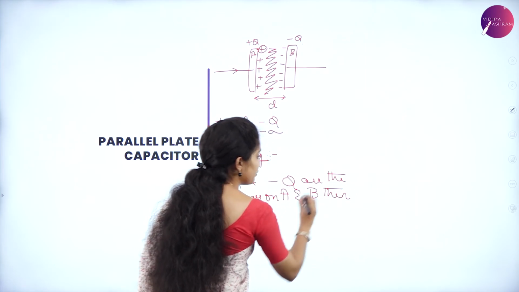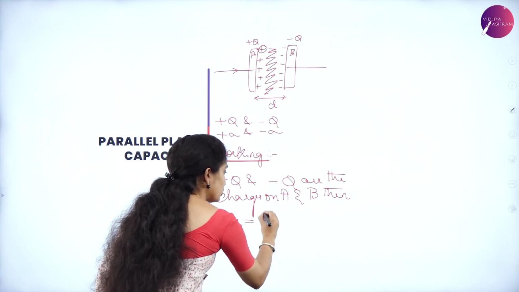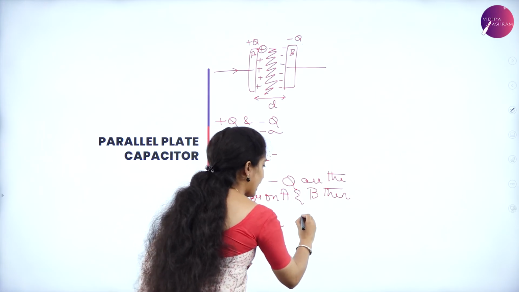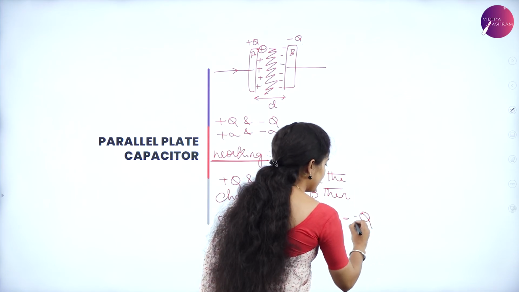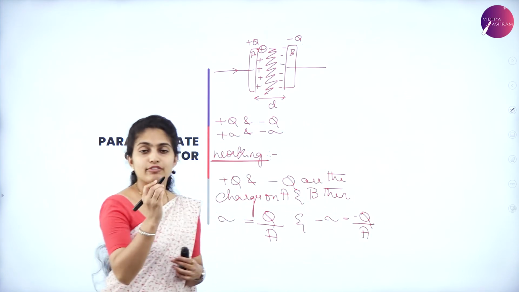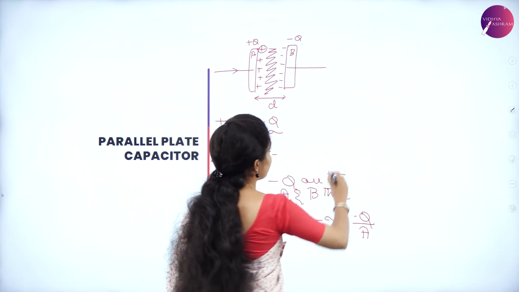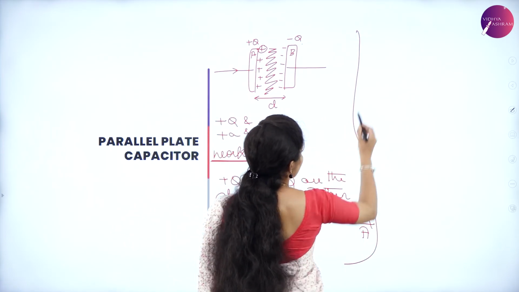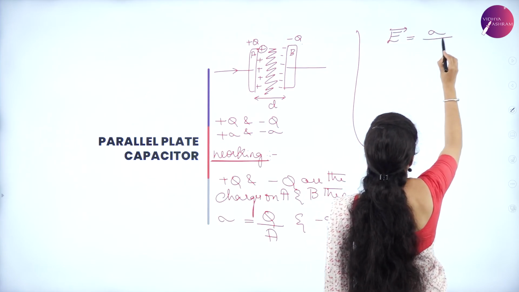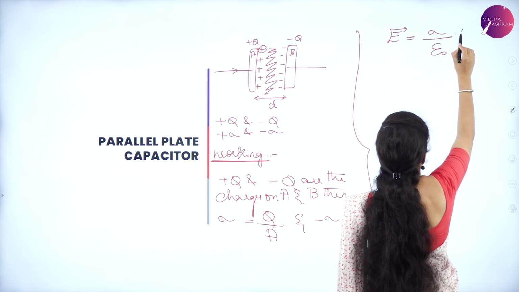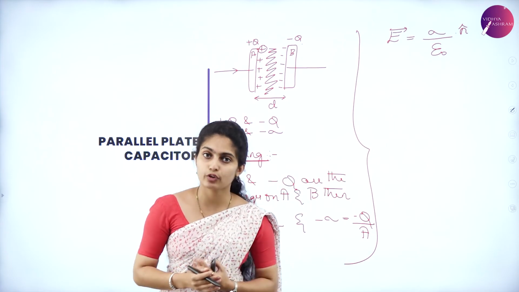Then the positive charge density is equal to Q divided by A, and the negative charge density is equal to minus Q divided by A. And we know that the electric field due to charge on the surface of the conductor is given by E equals sigma divided by epsilon naught into n vector, a unit vector, in order to balance the direction on the other side of the equation.